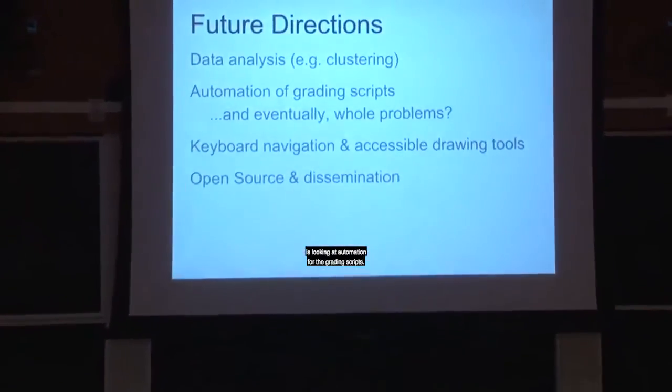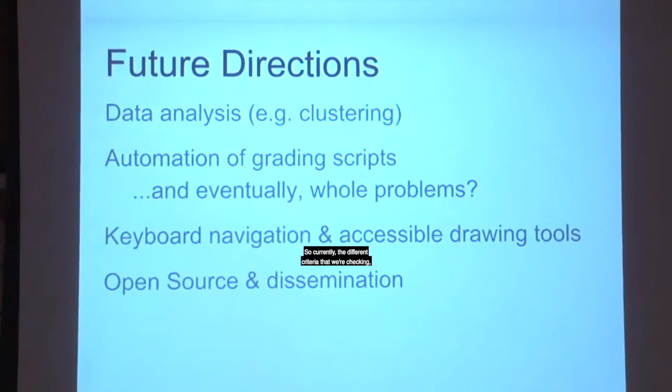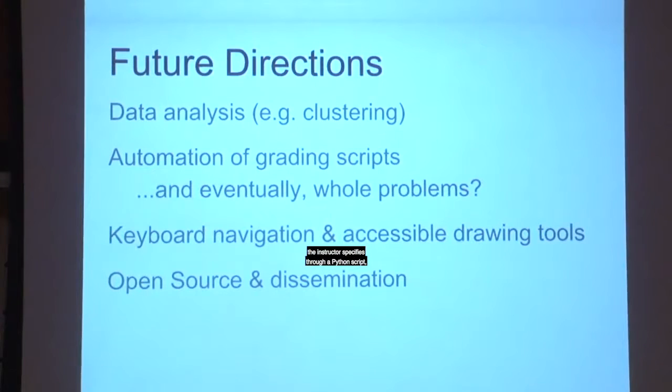So a few future directions. One of them I just mentioned is looking at some clustering analysis of the data. Another thing that we are thinking of doing is looking at automation for the grading scripts. Currently, the different criteria that we're checking, the instructor specifies through a Python script and can go through several conditions where they say, make sure the graph is increasing in this location, give this feedback if not, make sure there's a critical point here, give this feedback if not.